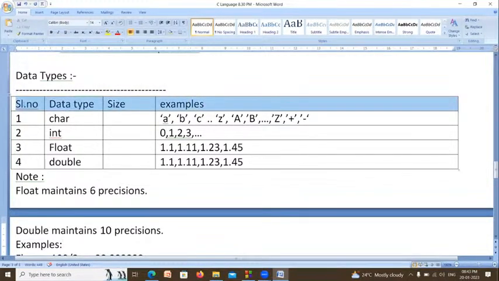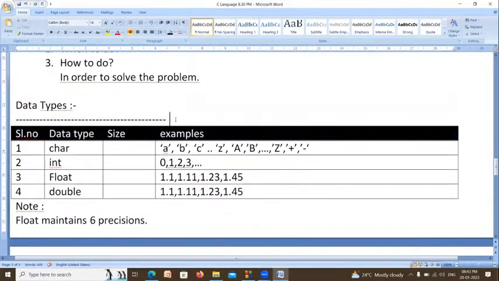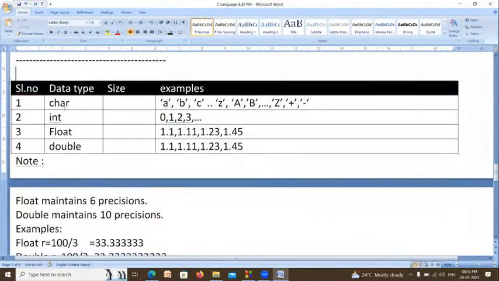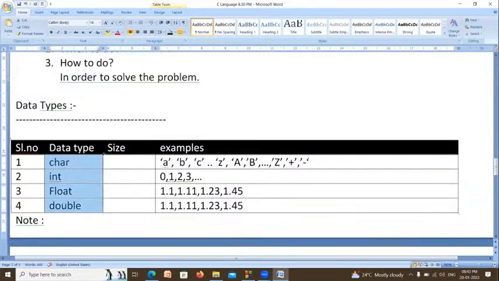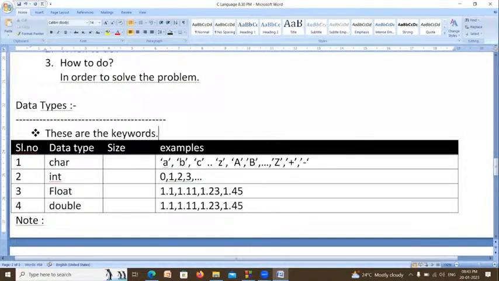So these are the different data types available in C language: the character, the integer, the float, and the double. Actually, these are keywords. What is the meaning of keyword? Keywords are nothing but names already defined in the system.